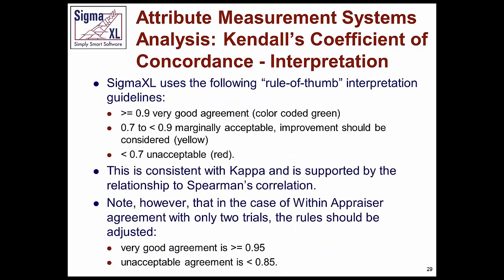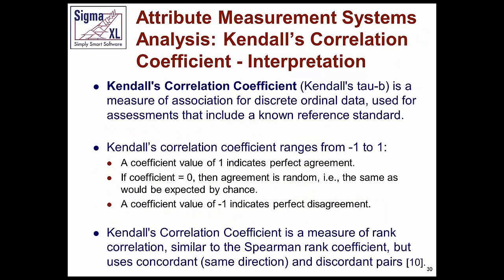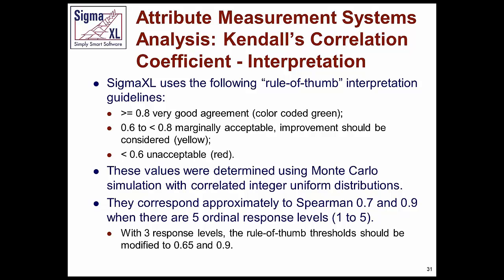There are slight differences here. I don't want to get into all the details, but for concordance, we use less than 0.7 is red, greater than 0.9 is green, so that's actually the same as the kappa. And for correlation, it's a little bit different. Less than 0.6 is unacceptable, and greater than 0.8 is acceptable. These were determined using Monte Carlo simulation to come up with the rules of thumb for Kendall's correlation.